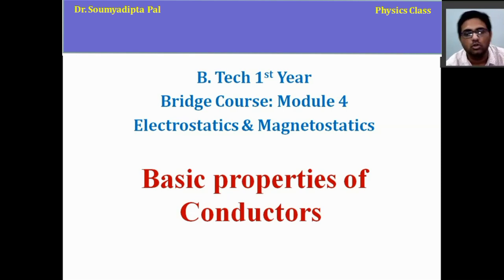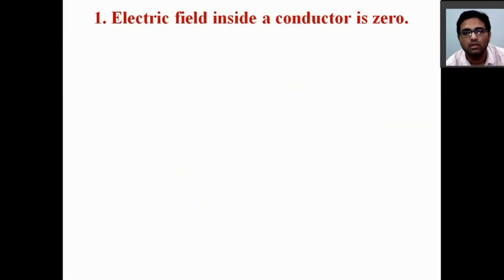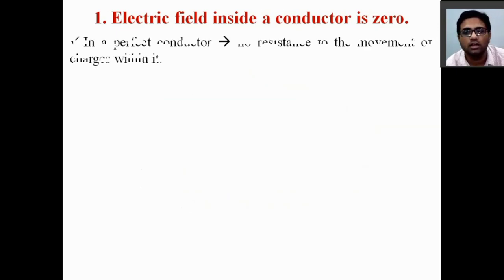Okay, let's start. The first important property is that the electric field inside a conductor is zero. Let's understand why. In a perfect conductor, there is no resistance to the movement of charges within it.